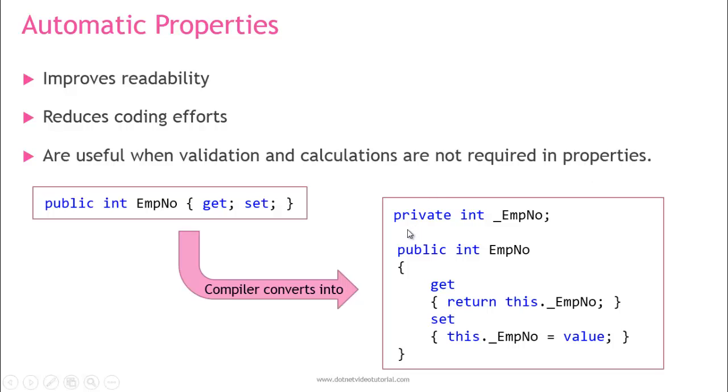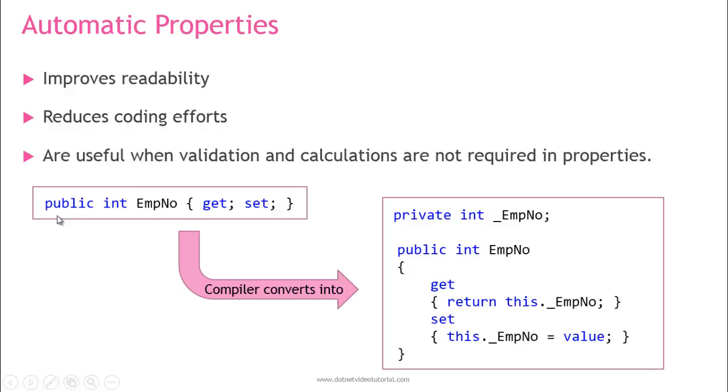Here in the code snippet, this is how we had to write our properties earlier. private int _employeeNumber, if this is our private field, we have to write a public property with a get accessor like this, which returns the value of the private field, and a set accessor which assigns value to this private field.